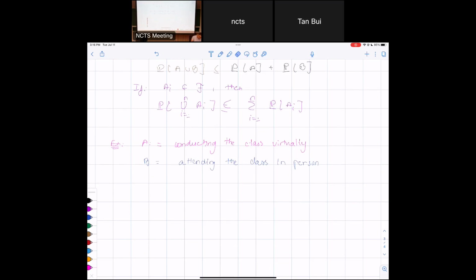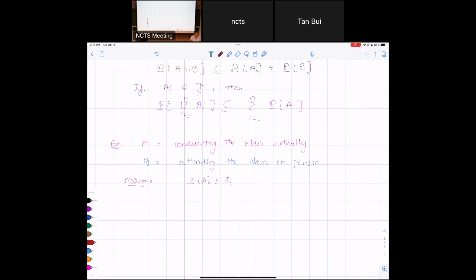Okay, so we also assume, so this is the assumption. I'm going to assume that the probability of conducting class virtually is epsilon 1.